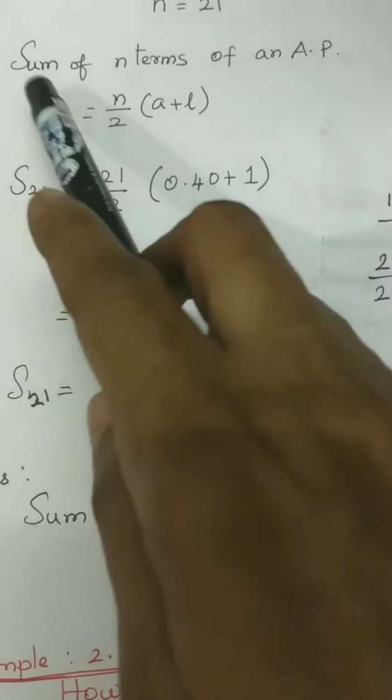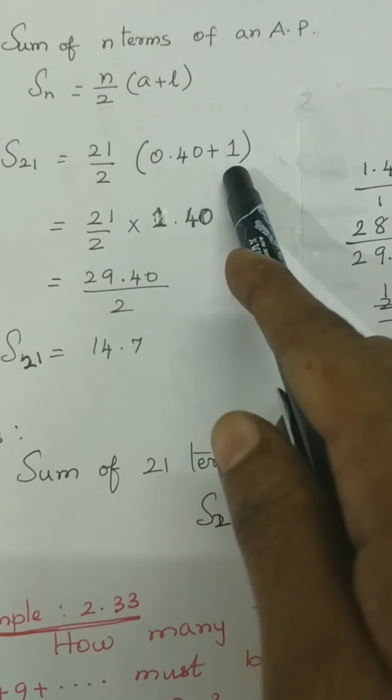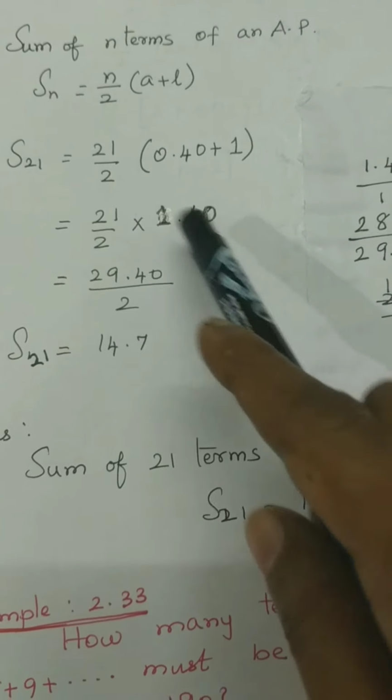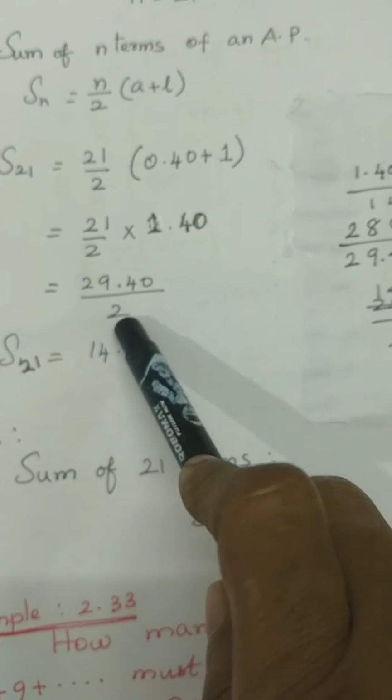The sum of n terms of an AP: Sn is equal to n by 2 into (a plus l). So n by 2, that is 21 by 2, into 0.40 plus 1. If you add these two, it comes as 1.40. So we multiply these two and divide by 2.